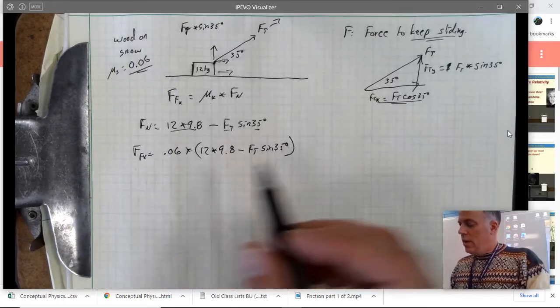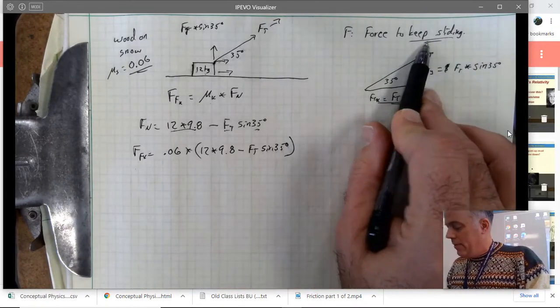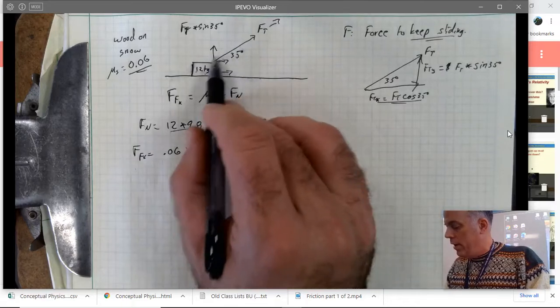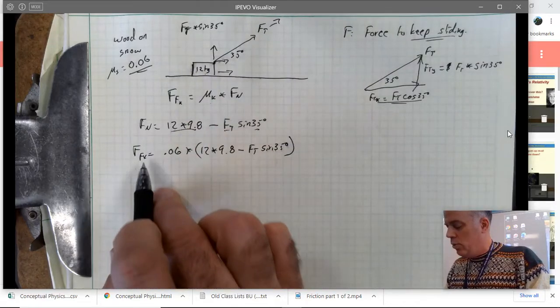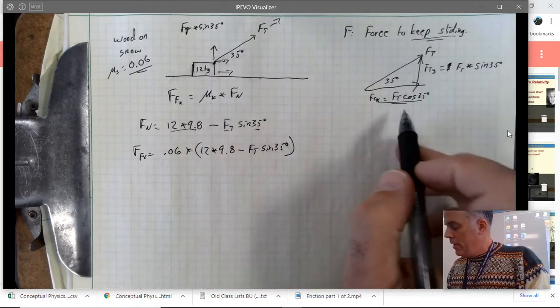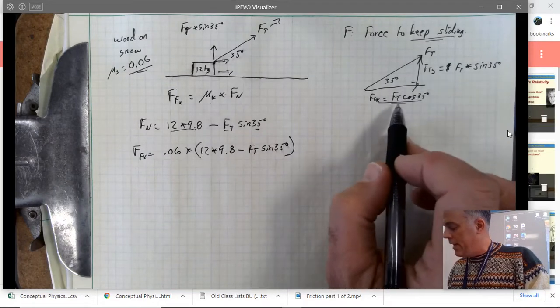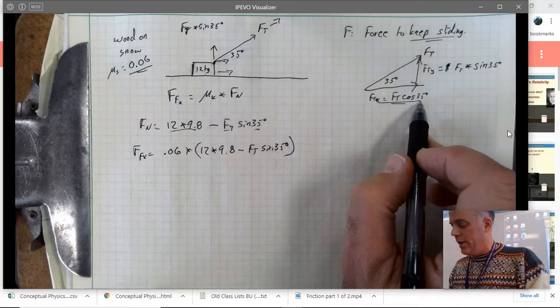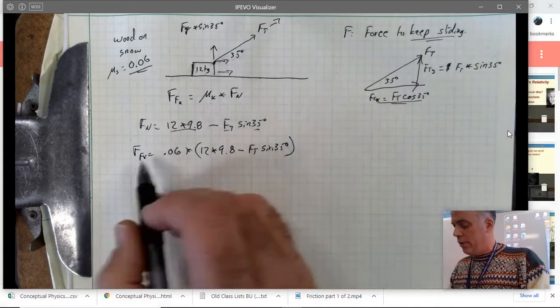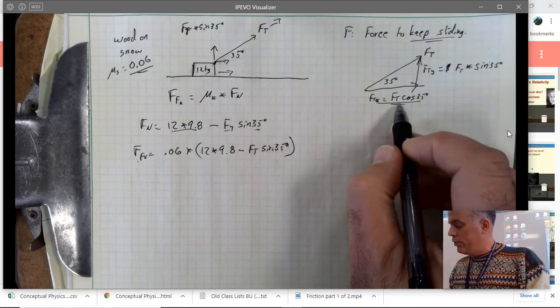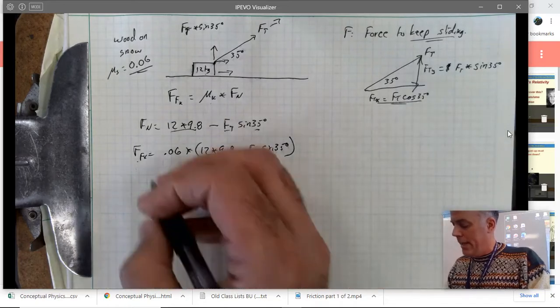Now, to keep the thing sliding, the horizontal component of the pull has to equal that friction. And we just figured out that the horizontal component of the pull is this term here, Ft cosine 35 degrees. So we're going to set these equal to each other. We're going to set the friction equal to the horizontal pull and see what we get.